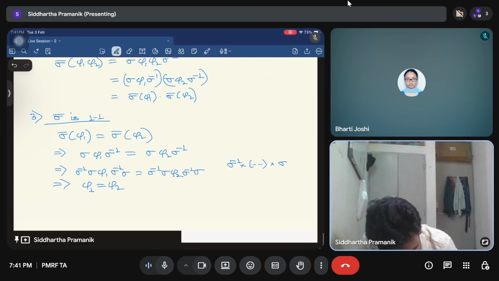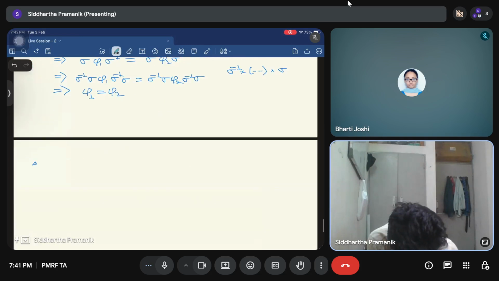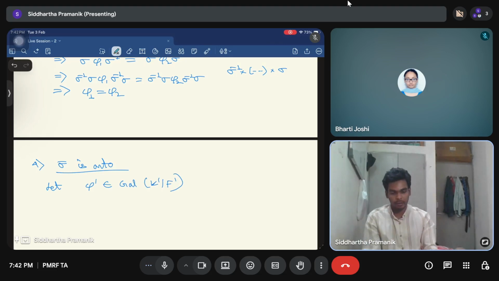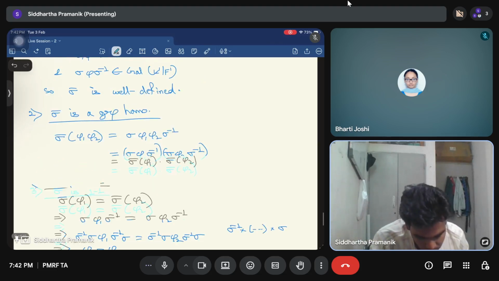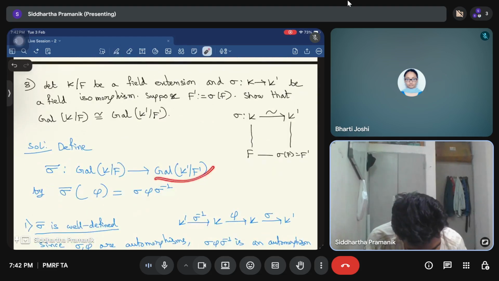And the surjectiveness is also easy. Let phi prime belong to the Galois group of the right-hand side, K prime over F prime. So we are taking an element here. We need to produce a pre-image here.